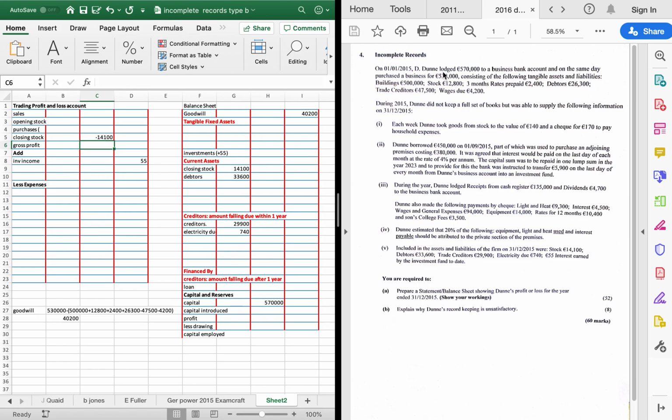Okay, back up to the top. Buildings 500,000. Go down and see what other building he bought. So he had buildings costing 500,000. Then he borrowed another premises costing a further 380. So 500 plus 380, which is 880,000.